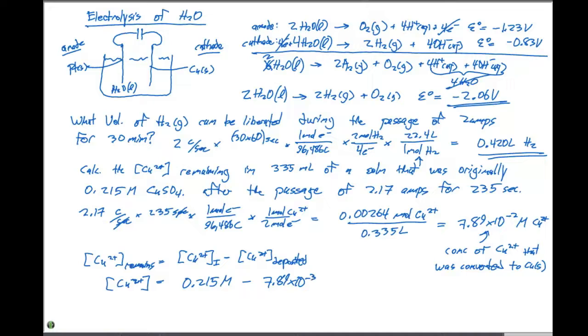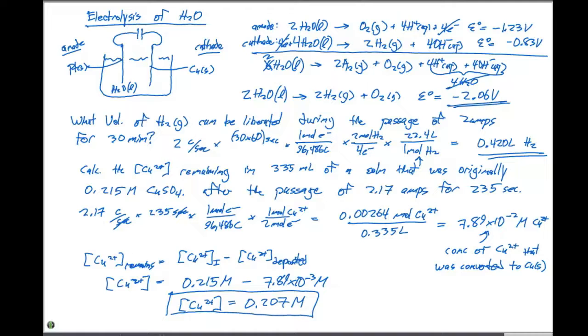And that's going to give us a copper 2 plus concentration that's going to be equal to 0.207 molar. And we could perform this electrolysis reaction and keep it going and going until that copper 2 plus in solution diminishes.